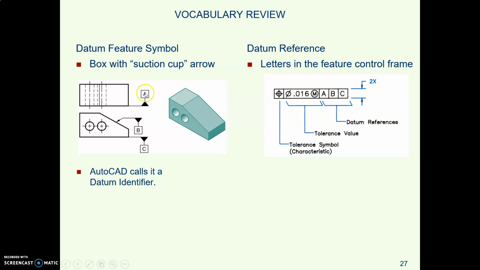The datum feature symbol, or datum identifier, what I call the suction cup, is this little square here that identifies which feature is which datum. The datum reference is in the feature control frame, and here are the letters in order: primary, secondary, tertiary.